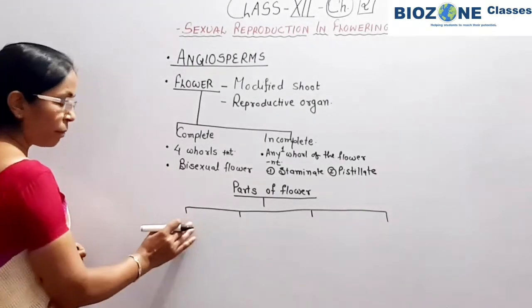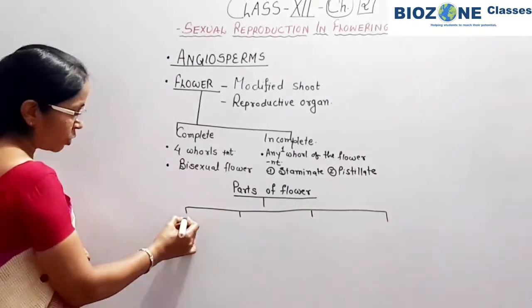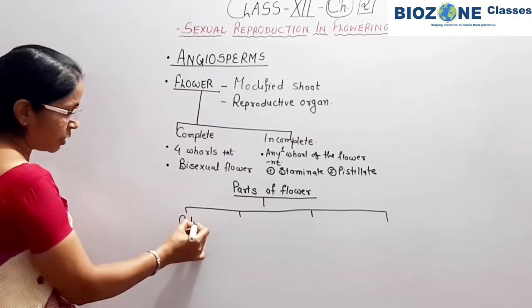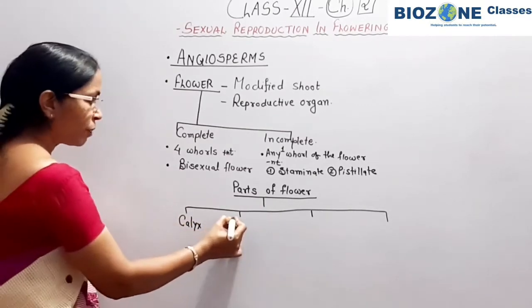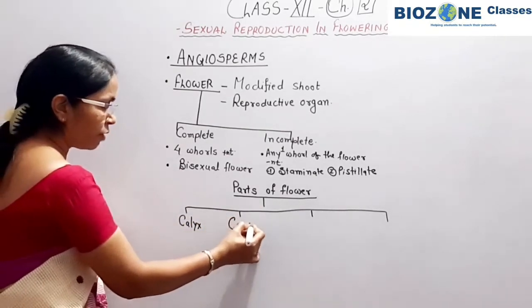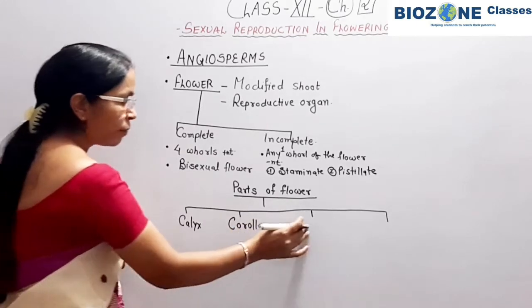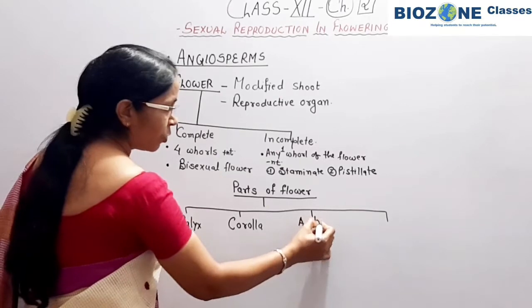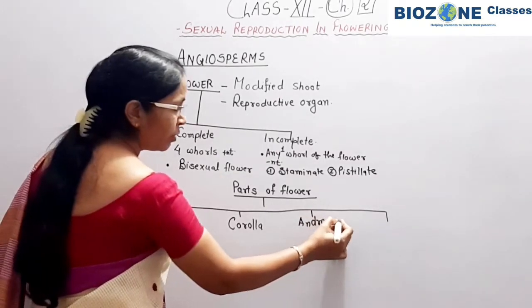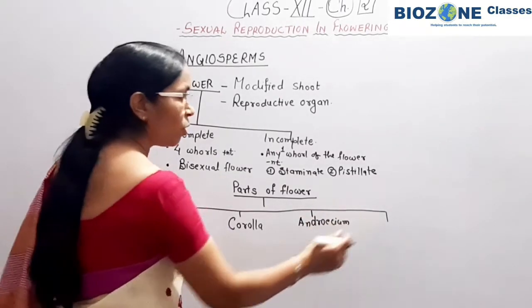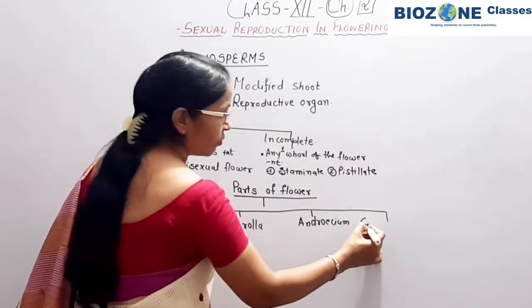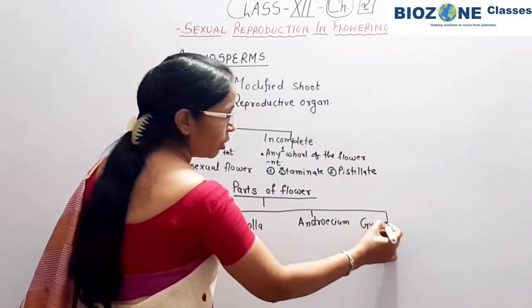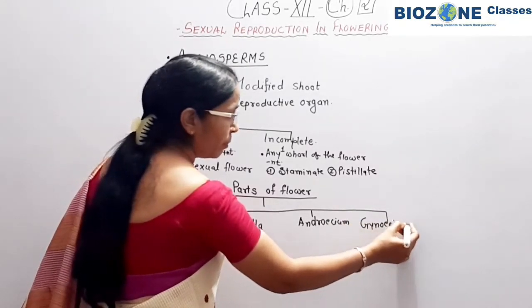The outermost whorl of the flower is the calyx. The second whorl is the corolla. The third whorl is the androecium, and the innermost or central whorl of the flower is the gynoecium. Remember this.